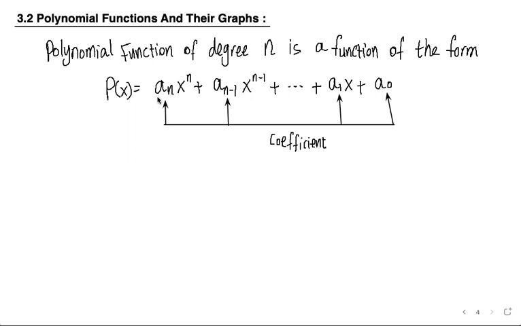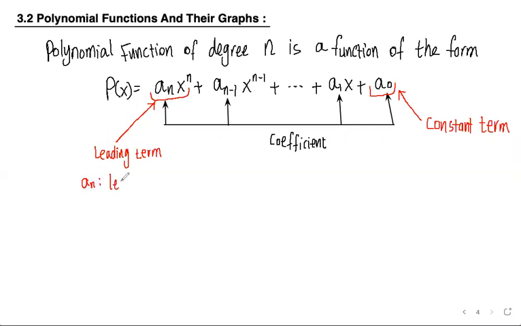This is called the leading term. And this is called the constant term. Also, a_n is called the leading coefficient. We're going to use it a lot during this section.